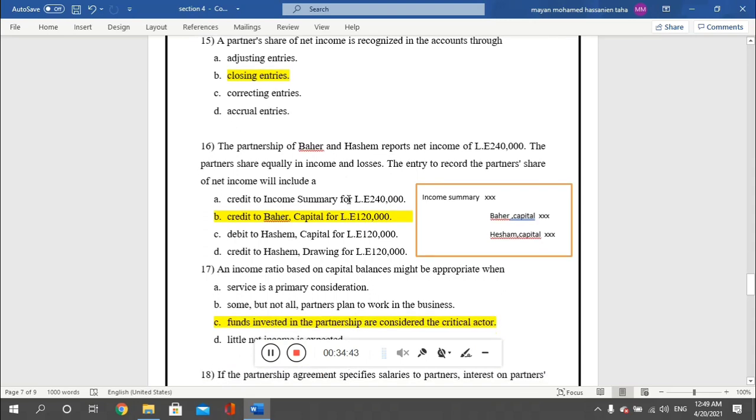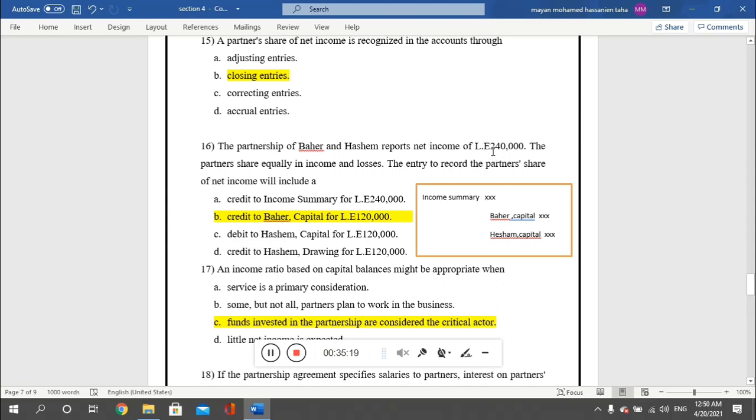The entry to record the partners' share of net income will include... So the capital will increase by the amount of income, so the capital will be in the credit side, and this net income must be closed in the income summary in the debit side. So the income summary will be in the debit because it's a closing, and the capital will increase by the amount of income.